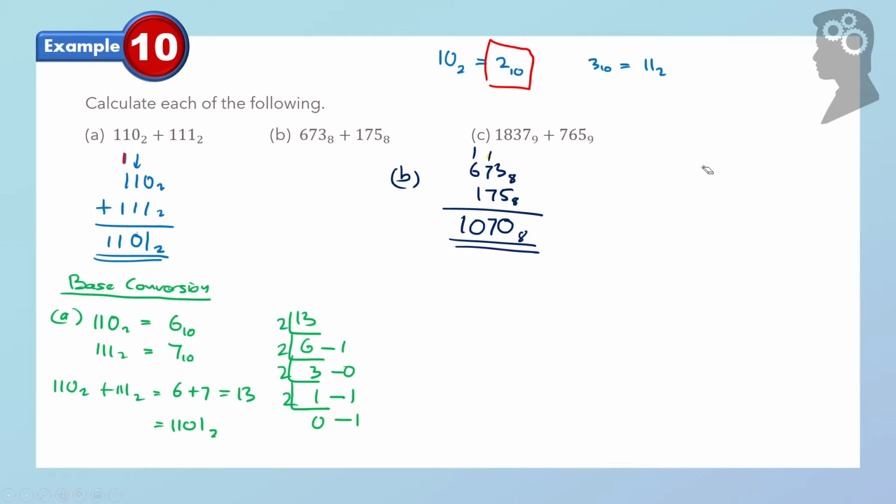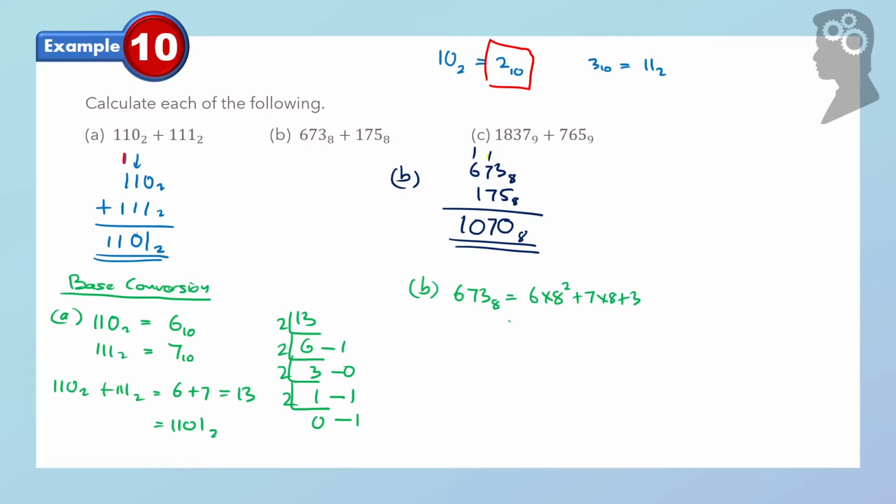But if you think that this is a bit too difficult for you, then it's okay. We can do the base conversion instead. We convert them into base 10 first. So 673 base 8, what is it? This is basically 6 times 8 squared plus 7 times 8 plus 3.